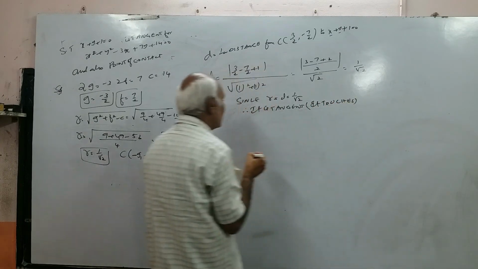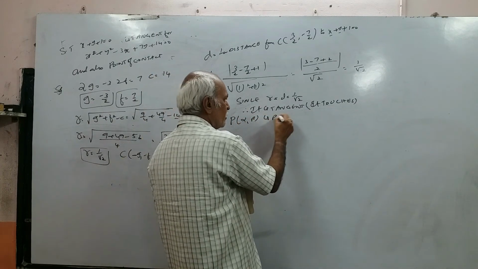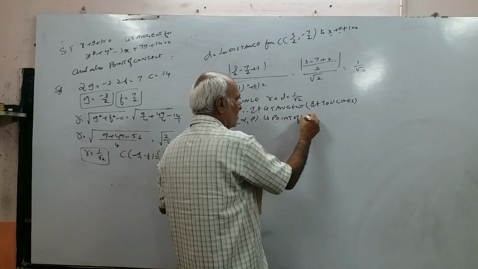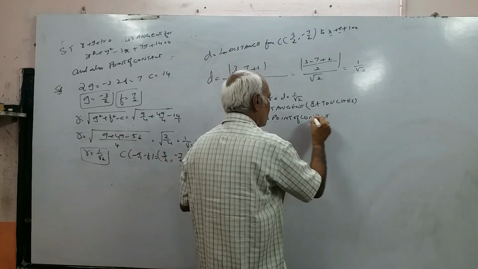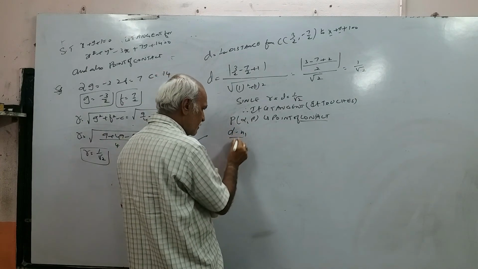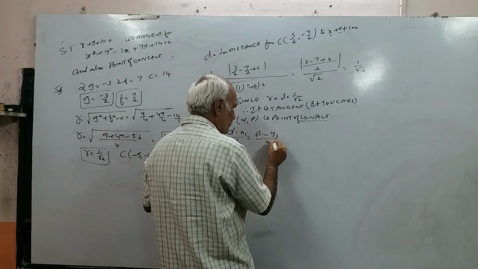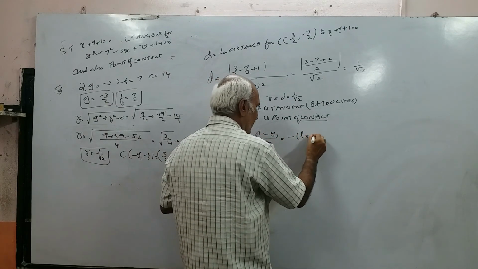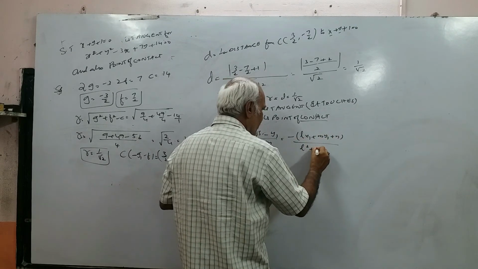Now what do we have to find out? The point of contact. P, alpha comma beta, is the point of contact. So alpha minus x1 by L, beta minus y1 by M is equal to minus of Lx1 plus My1 plus N by L square plus M square.